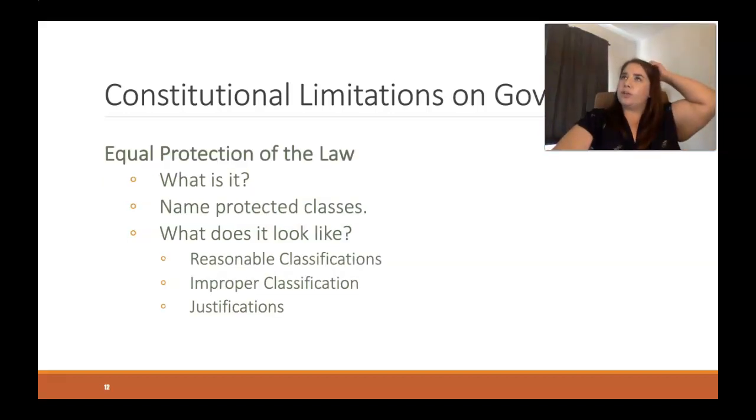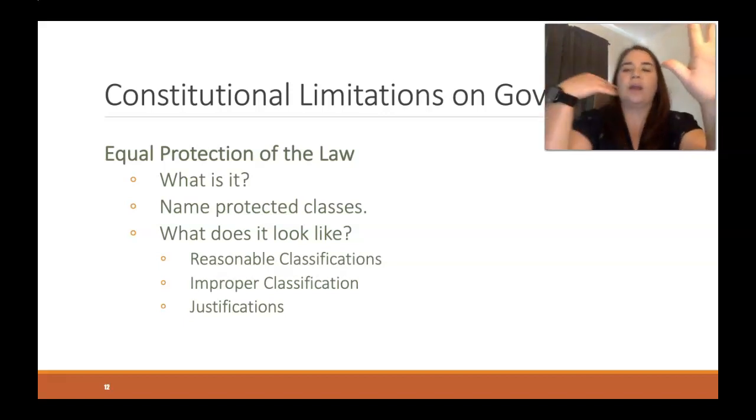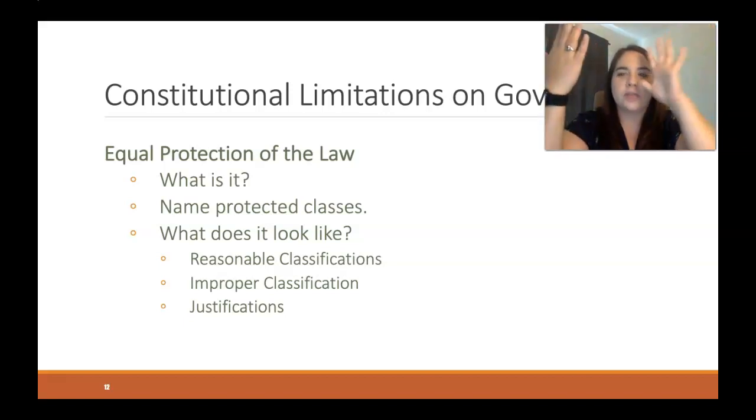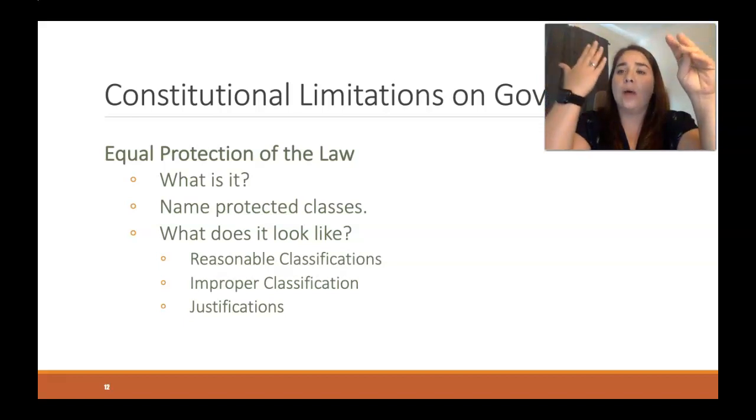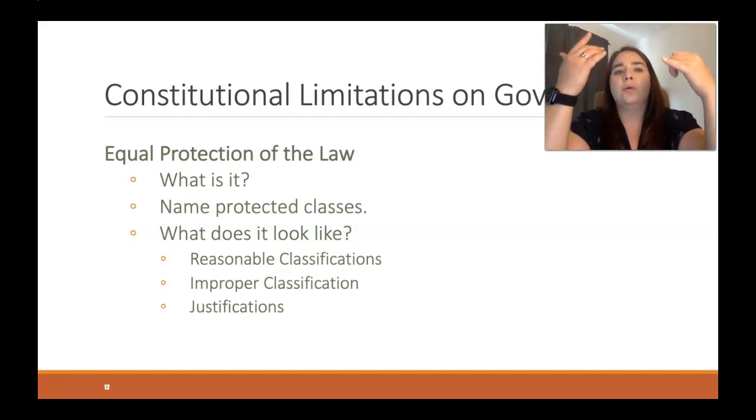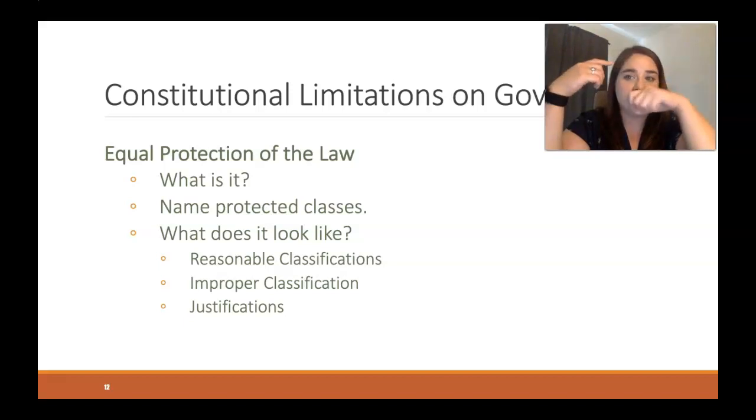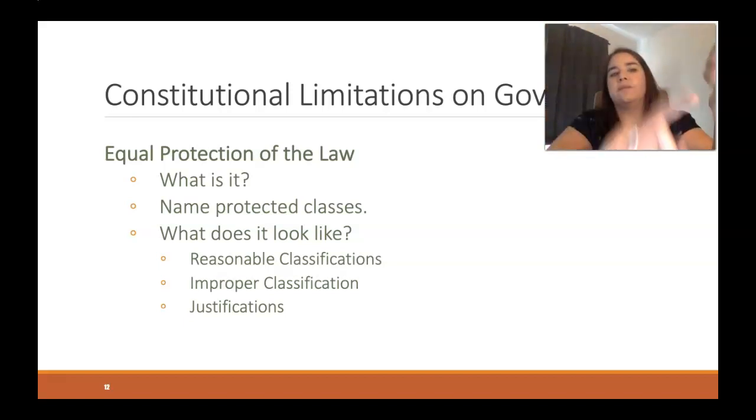Now, equal protection of the law. So due process is procedural, and then I would submit to you equal protection is about equal application of substantive law on each person. So some classifications of people are protected. So you can't discriminate against people because of their age, race, sex, soon to be transgender status.